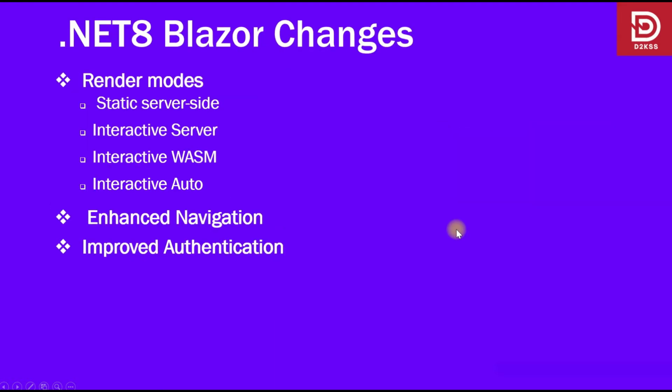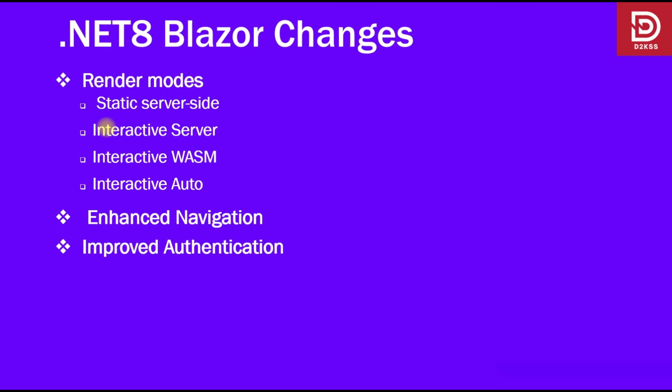Now interactive server. It means when you try to access any page, it communicates with the server and returns the response. For example, when you are interacting with a server, it may take some time to process the request, maybe 5 or 10 seconds to render that particular page.